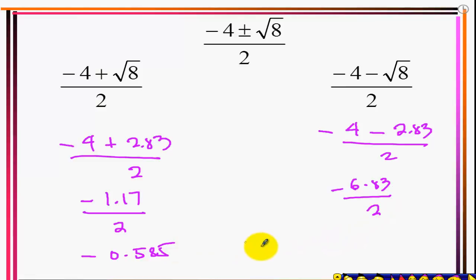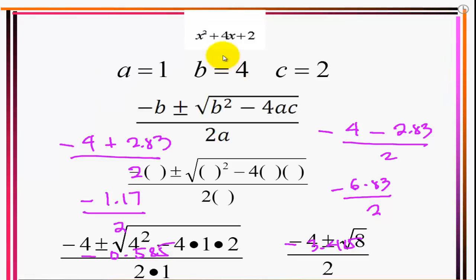We are going to get negative 3.415. Okay, so using quadratic formula, we were able to find the solution or the x-intercepts or the zeros of x squared plus 4x plus 2.